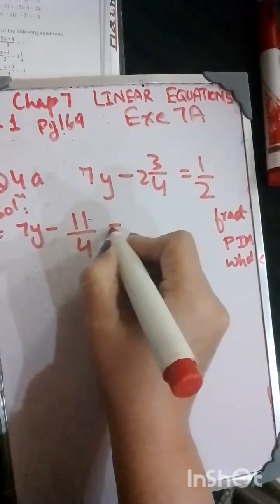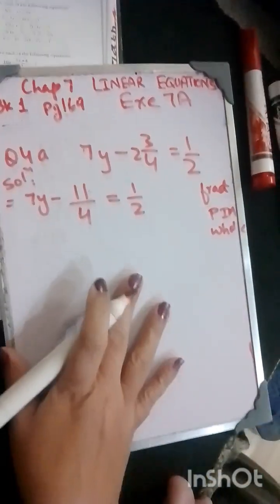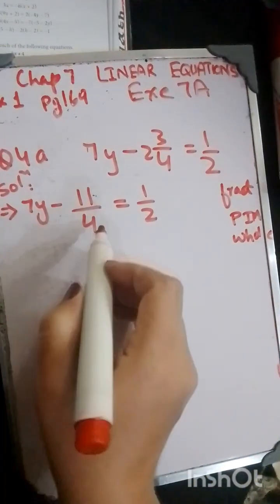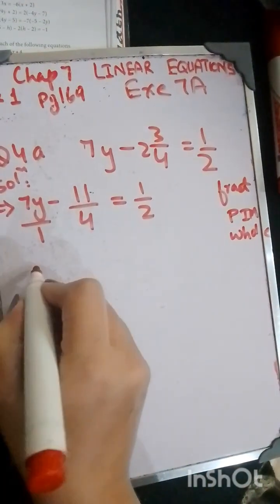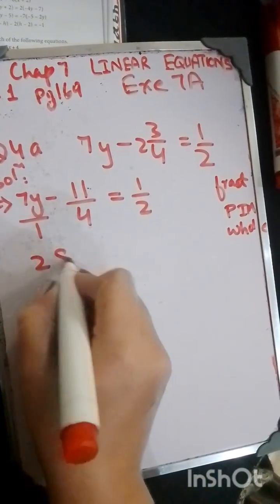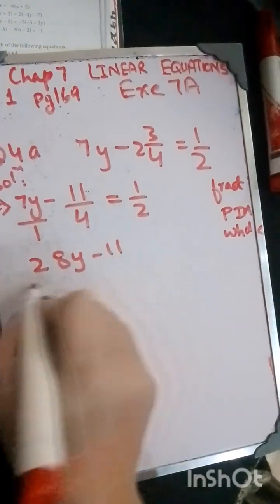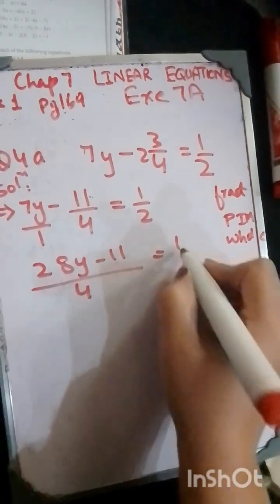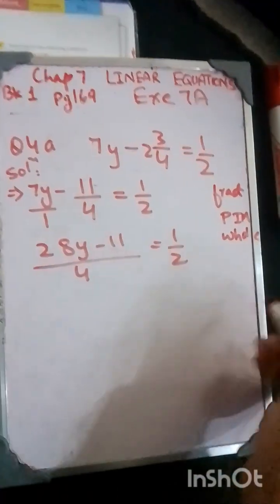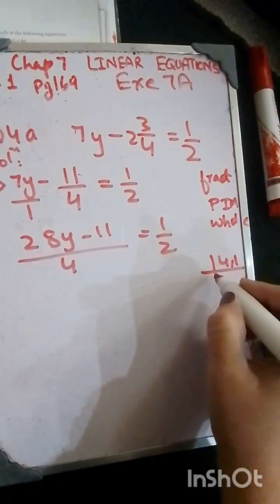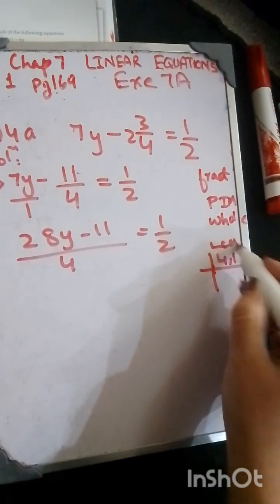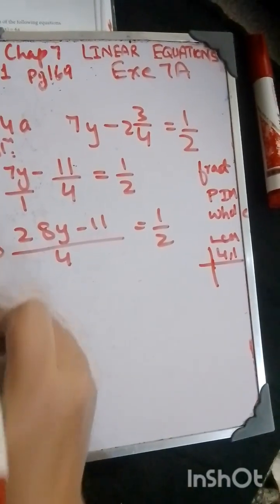So I'm just changing it directly. 7y minus 11 upon 4, and 7y we know that the denominator is 1. So 4 and 1, the LCM will be 4 of course. So it will be 7 4 times is 28. Y, don't forget the variables please. 11 upon 4, and half will remain the same. And I'm showing you this, the LCM.